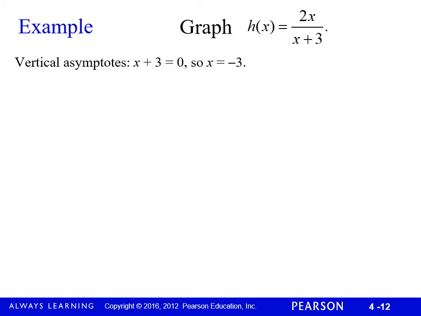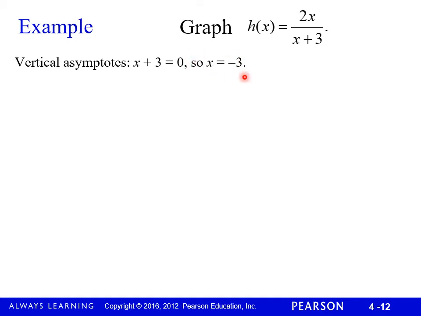So let's look at some pictures. The first thing is, let's graph 2x over x plus 3. Well, if we want to find the vertical asymptote, we set the denominator equal to 0, or I prefer not equal to 0 because that tells you at least what's not allowed, but x equals negative 3. If you do it this way, then it's giving you the equation of the vertical asymptote.